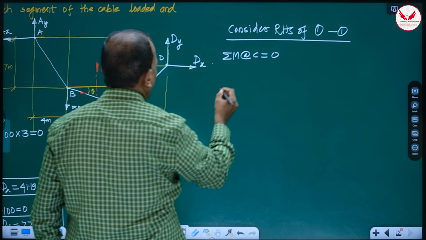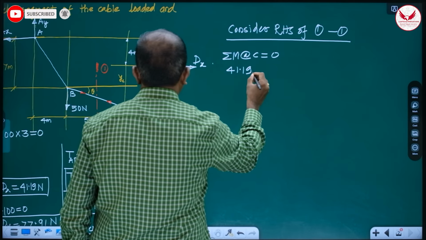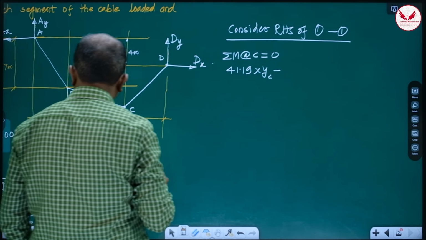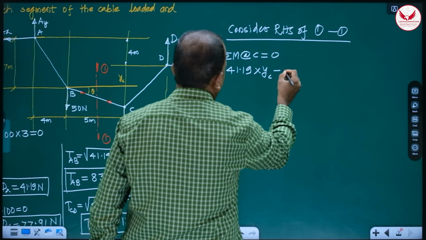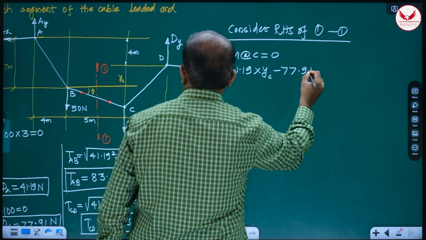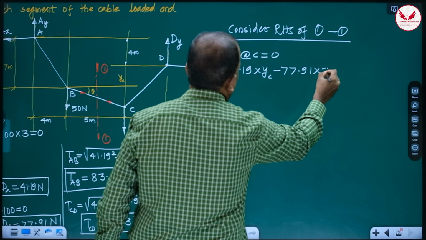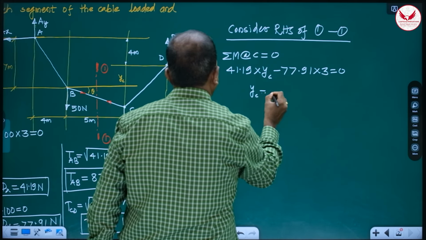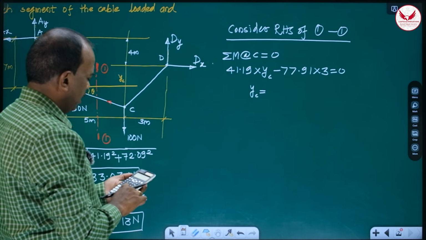Dx is 41.19 into YC minus Dy is 77.91 into this horizontal distance 3, it is equal to 0. From this we'll get YC, and this will be useful for getting the inclination.